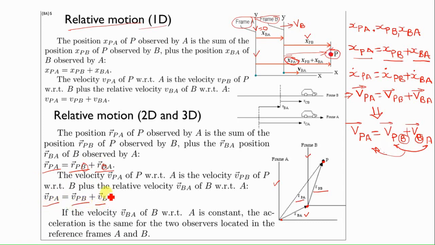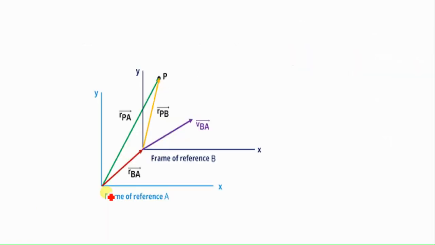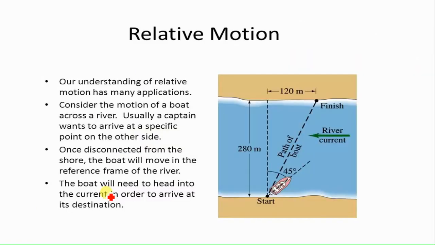Now we will consider one example of relative motion. There are various examples in relative motion. In this case we consider an example where the river is moving in the x direction. Here the river is moving in this negative direction, and a boat is moving over the river.